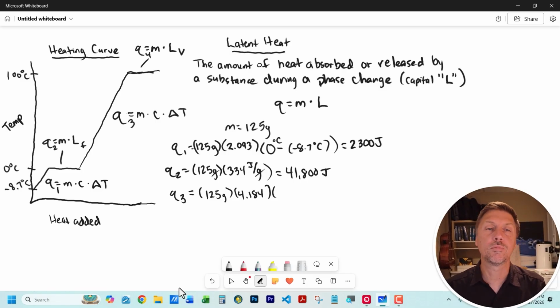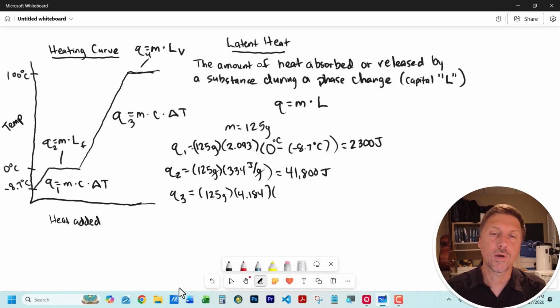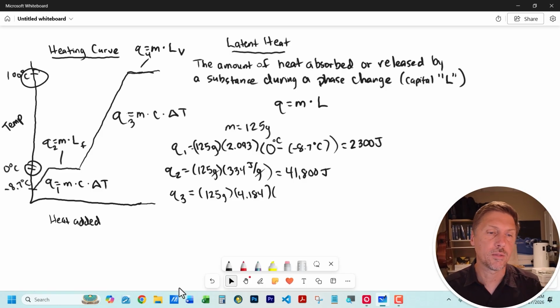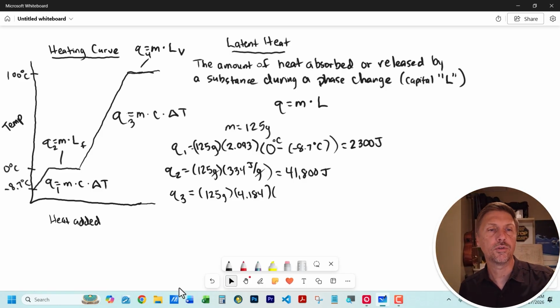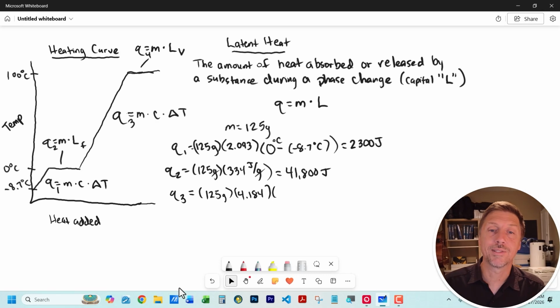And then finally, what's the temperature change here? I'm not going to write it down. It's just obvious what it is. It's 100 degrees Celsius at the top, 0 degrees Celsius at the bottom. So the final temperature is 100, the initial 0, 100 minus 0 is 100 degrees Celsius. So we'll just write that down right here.